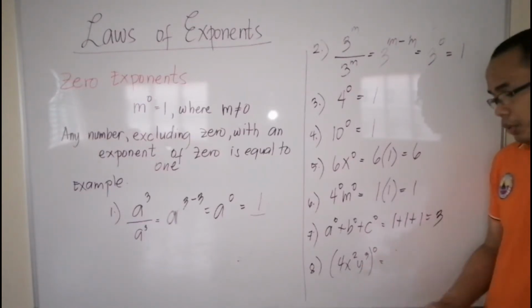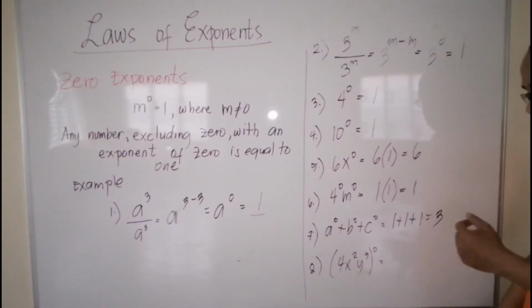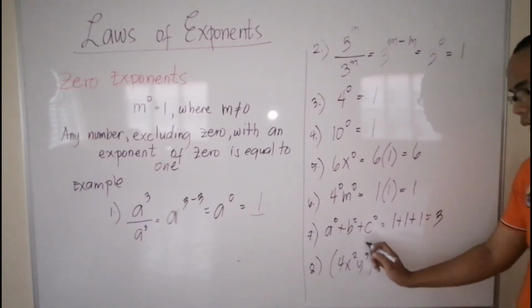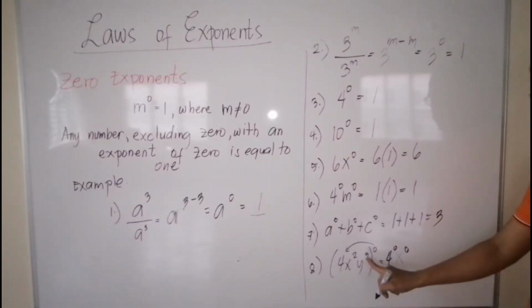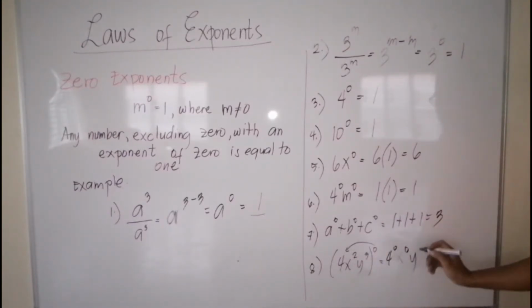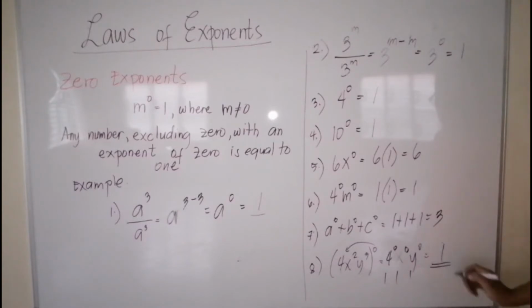Or to get the answer, katulad nakaraan sa product rule, multiply na natin: 4 raised to 0, 2 times 0, so x raised to 0, 3 times 0, so y raised to 0, lahat yun ay 1. So 1 times 1 times 1 is equal to 1.